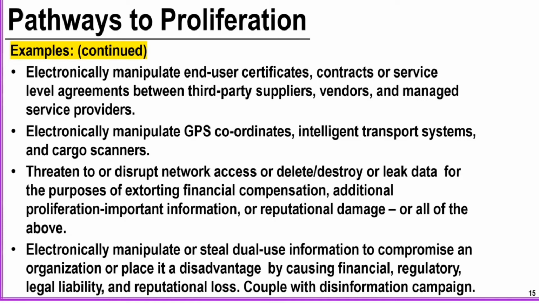In addition, proliferators can threaten to or disrupt network access or delete or destroy or leak the data for the purposes of extorting financial compensation, additional proliferation, important information, or reputational damage, or it could be a combination of all. Bearing in mind all these possibilities, we should not take cyber biosecurity lightly.